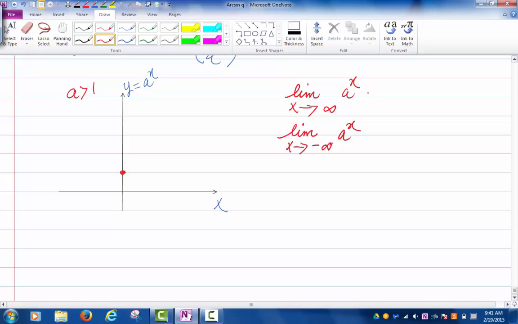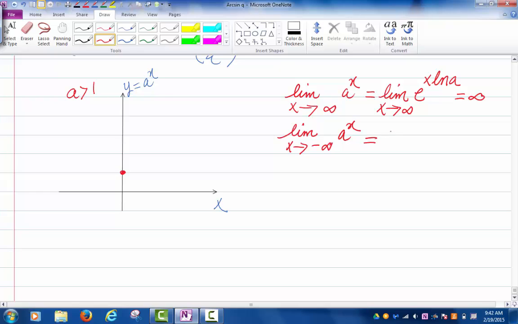Yeah, it's exactly the same as what happens for e. This is the same as the limit as x goes to infinity of e to the x ln of a. As x goes to infinity, the exponent goes to infinity because ln of a is positive, so e to that will go to infinity.